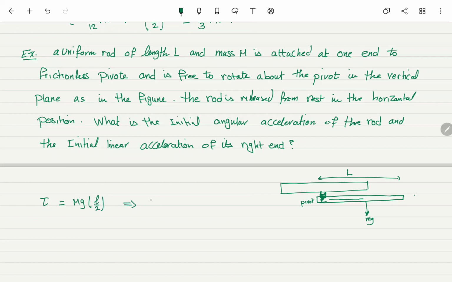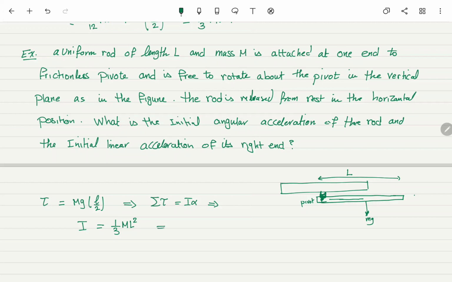Now the sum of all torques, or the net torque, is equal to I alpha, and I for the rod is already calculated, a well-known constant, equal to 1/3 m l square.